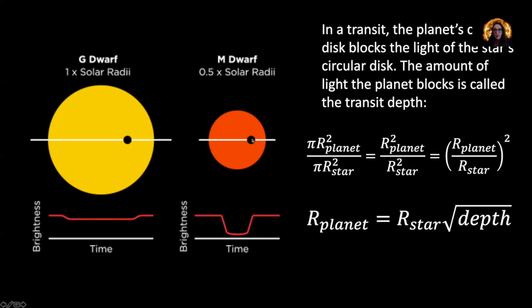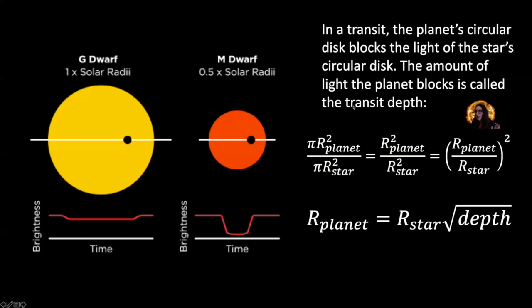So whenever that planet passes in front of the smaller star, we're going to see a bigger dip in that light curve. Actually, it's a little bit easier to find planets orbiting around these smaller M-dwarf stars, because usually the planet-to-star ratio is such that the planet is larger compared to the star than it is for stars that are a little bit bigger.